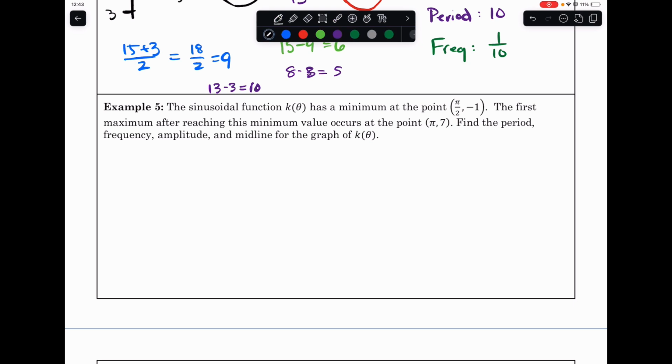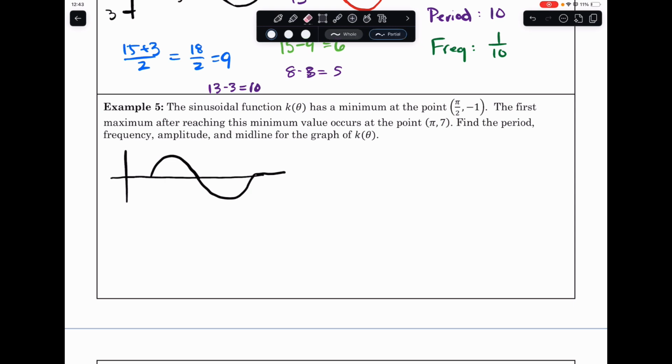So let's draw an x and y axis, and let's draw a sine function. Now this one says that the minimum is occurring first, and then the first maximum is reached afterwards. So let me draw this sine function in reverse.